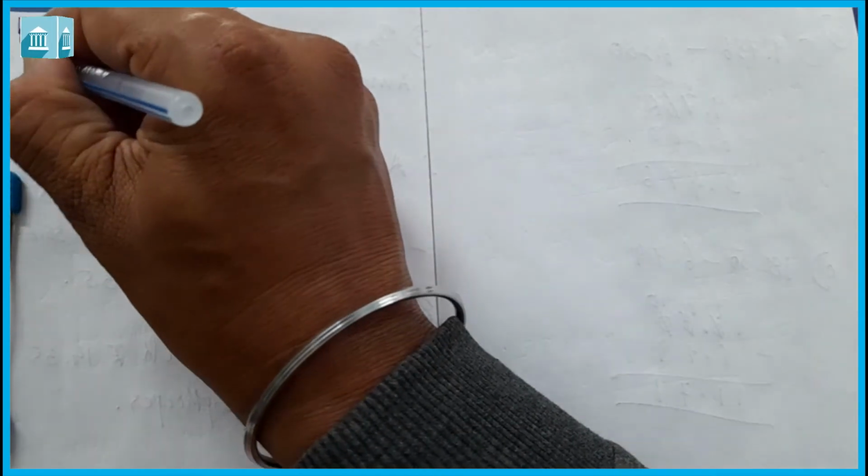Let us see question number 5. It is given that Tina had 20 meter 5 centimeter long cloth. She cut 4 meter 50 centimeter of length of cloth from this to make a curtain. How much cloth is left with her?